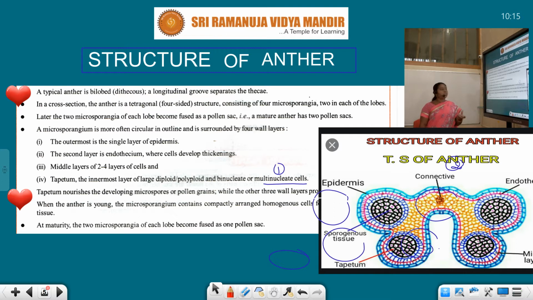This tapetum nourishes the developing microspore or pollen grain, while the other three layers give protection to the developing anther. At maturity, the 2 microsporangia of each lobe become fused to form a pollen sac. So initially they look like a tetrad, but when matured, how does it look students?